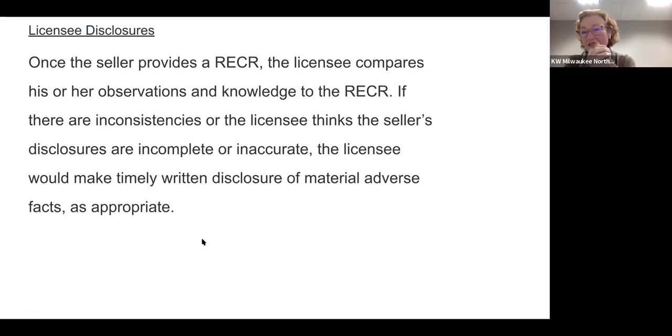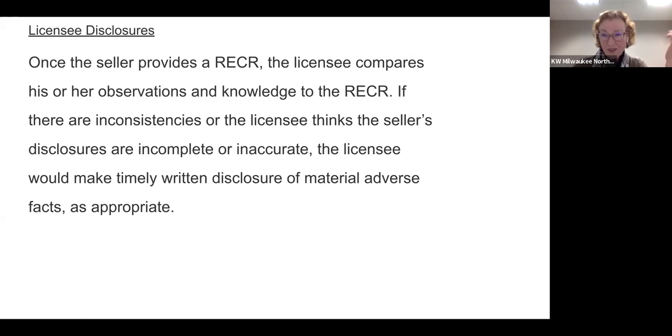Once the seller provides a record, and this is important for you listing agents, the licensee compares his or her observations and knowledge to the record. If there are inconsistencies or the licensee thinks the seller's disclosures are incomplete, missing any items or inaccurate, the licensee would make a timely written disclosure of material adverse facts as appropriate.